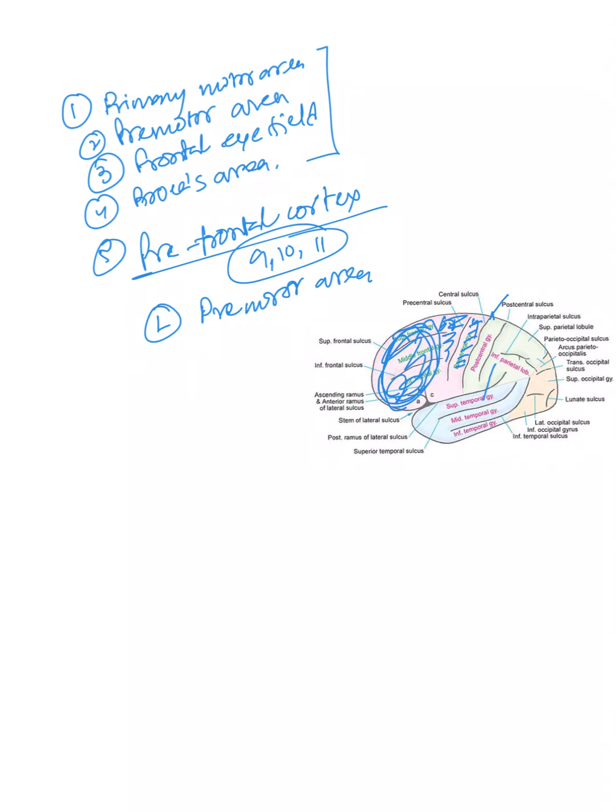So just know the functions. Just remember this will not usually be asked in questions, but can come, and if it comes it will be very difficult if you don't understand, if you don't have any concept. Okay, so which functions will the prefrontal area carry out? Number 1, personality.